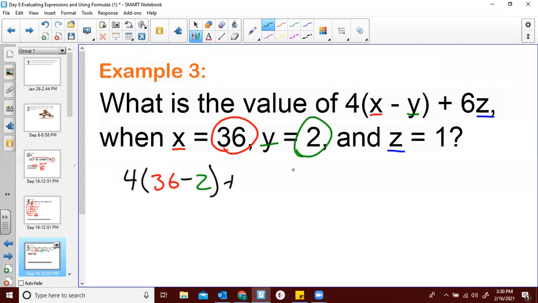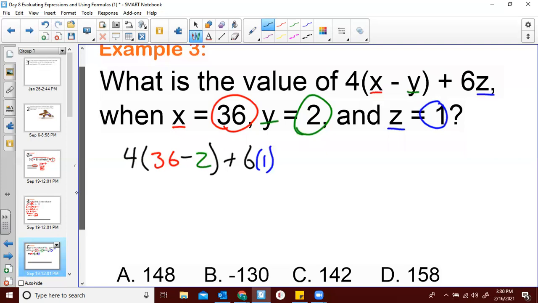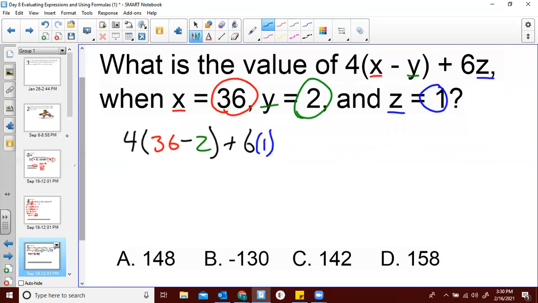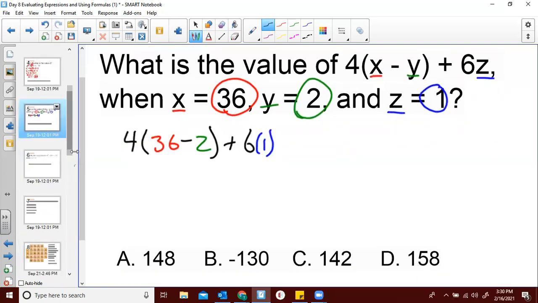And then from there, I'm adding 6 times my z, which is just 1. And there's a calculator trick that I'd like to show you real quick. But let me do this by hand first, sorry.